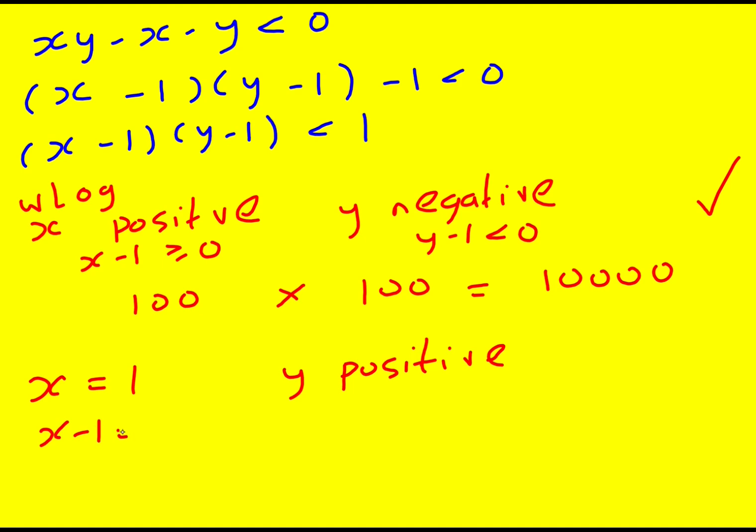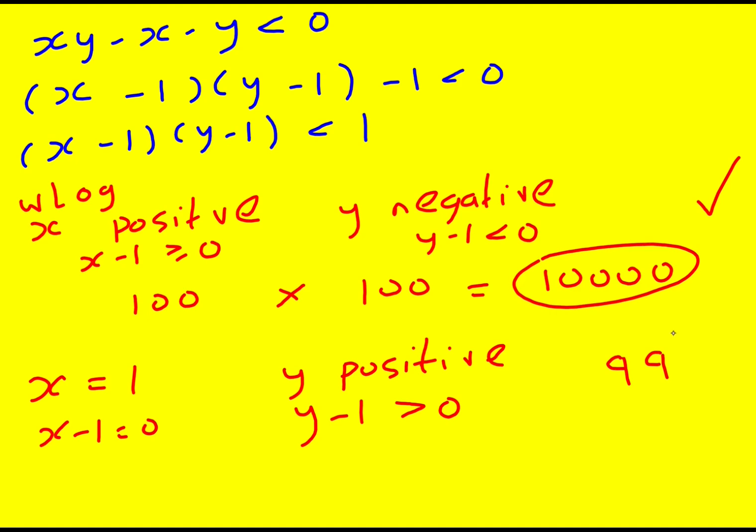So x minus 1 equals 0, and y can't equal 1 at the same time, so y minus 1 will be greater than 0. But we're going to get 0 overall, which is less than 1. So x can equal 1, and we're left with 99 possible numbers for y, because we can't use 1 again. So from 2 to 100, basically.